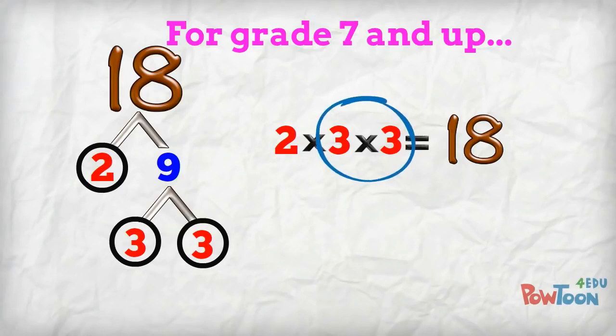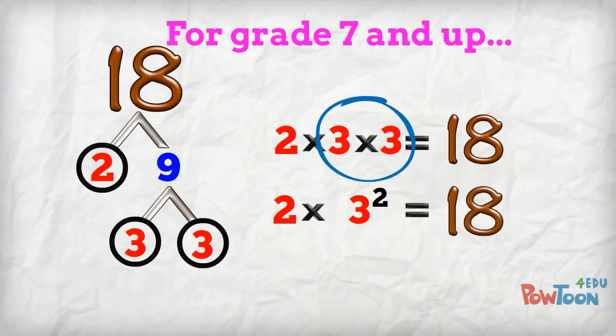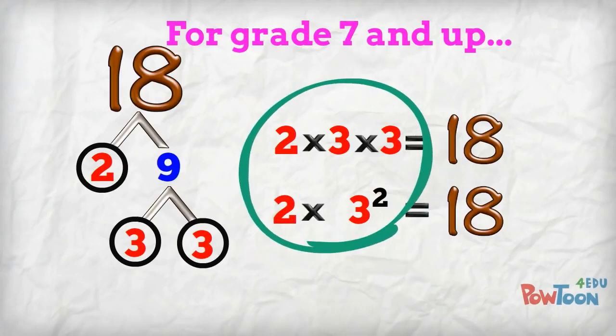So I say 2 times 3 to the power 2, because 3 is used twice, is 18. It makes the final answer very tidy. Notice that I listed the prime factors from smallest to largest. That is the standard way of listing prime factors, and you should do that too.